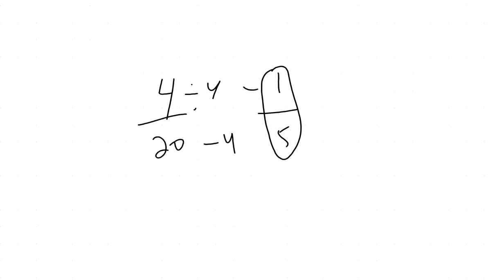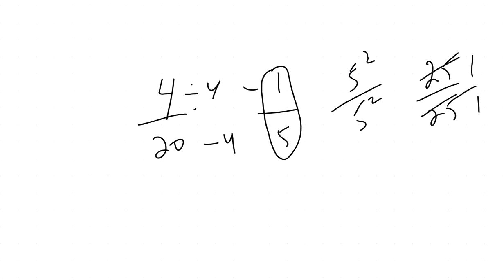So back to 5 squared over 5 squared, and it might be even easier to see with a variable. If we get to one of those, the next one will be that way, and I think you'll even see it a little more clearly. Let's square both of these out, right? 25 over 25. Okay, well, 25 over 25 reduces to 1 over 1, and 1 over 1 is equal to 1.